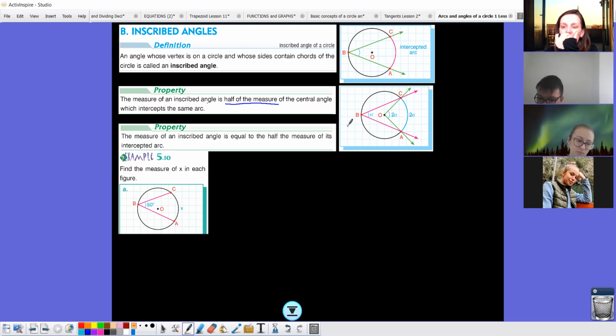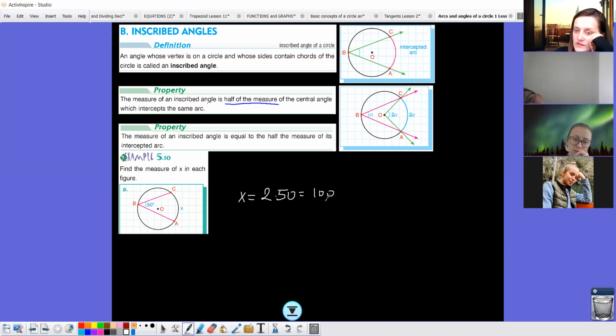The measure of an inscribed angle is equal to half the measure of its intercepted arc. So if here, for example, the angle is given as 50 degrees, what will be the arc? It will be 100, because x will be equal to 2 times 50, which is 100.